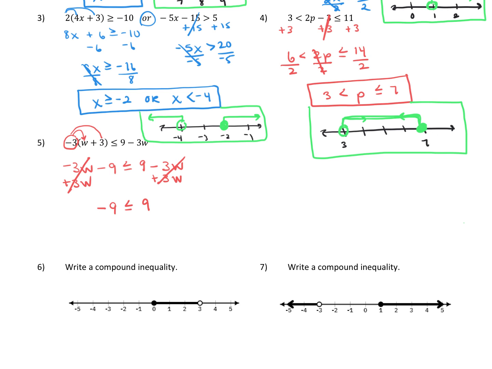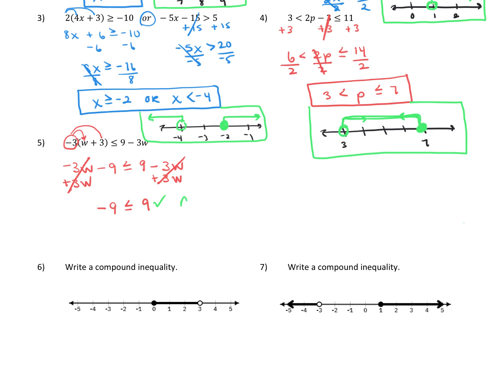So for this to be true, -9 could be less than 9, or -9 could equal 9. If one of those is true, then this is a true statement. So -9 is less than a +9. So this is true. That means that every single number on the number line is a solution.